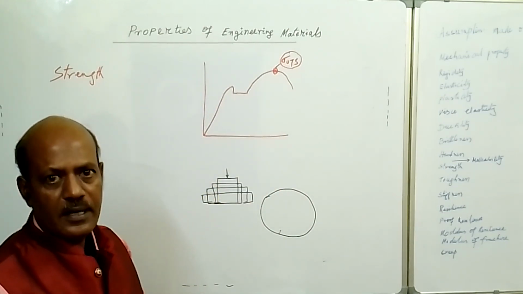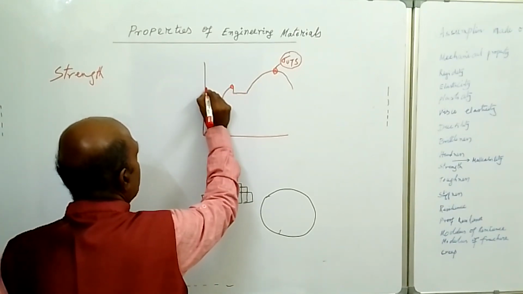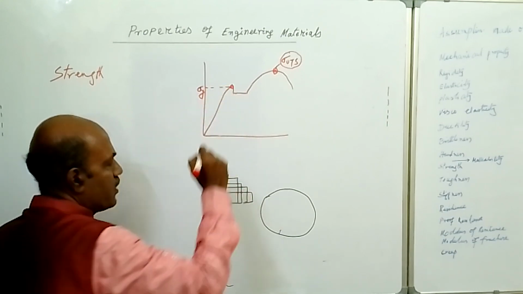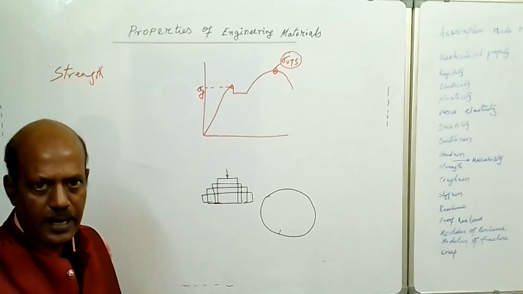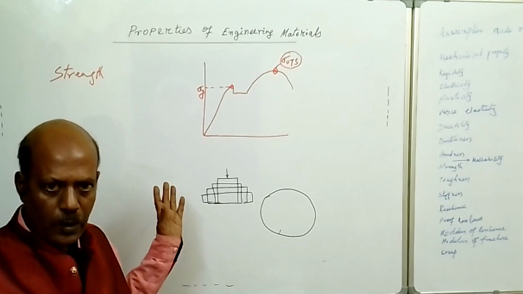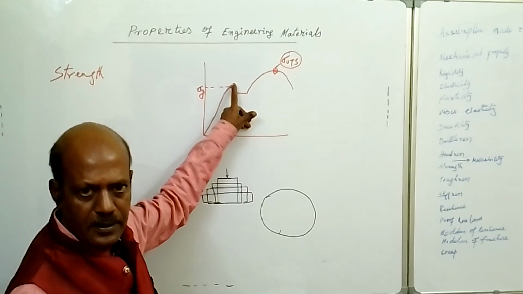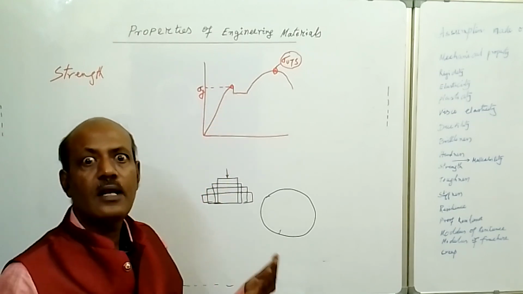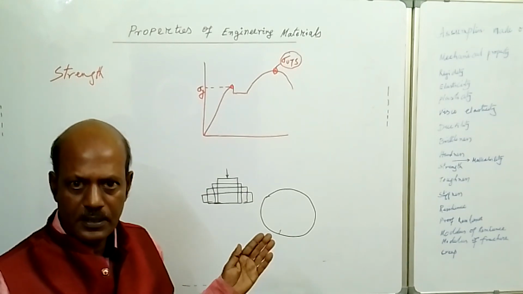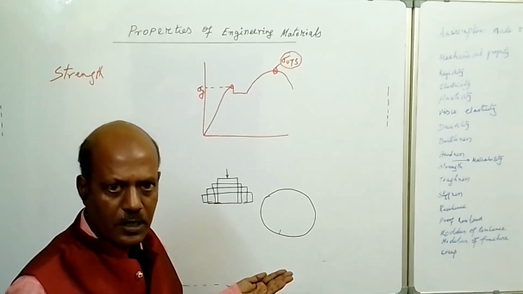But in mechanical engineering, we consider this one as the strength of the body, that is sigma Y, the upper yield point stress. Why? Because if this point is exceeded, then after removal of the load, some permanent deformation is present in the body.